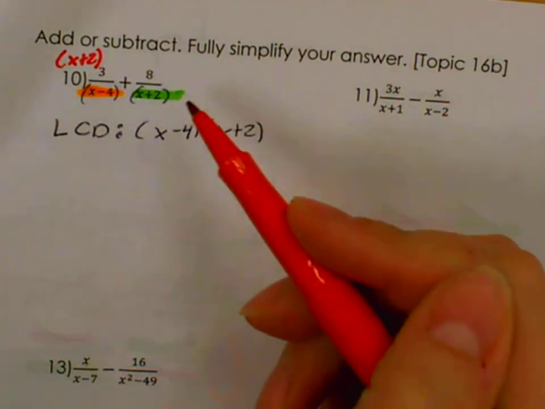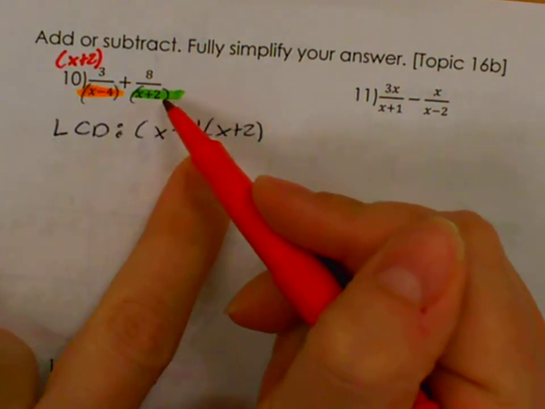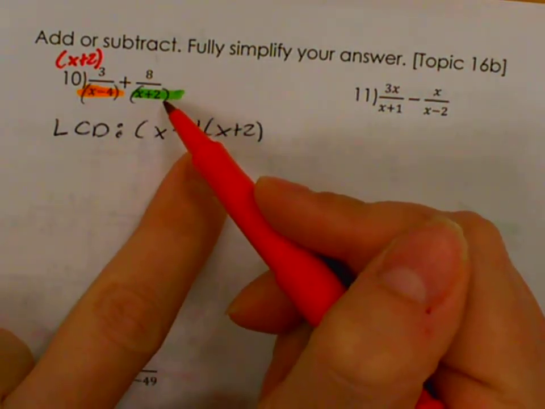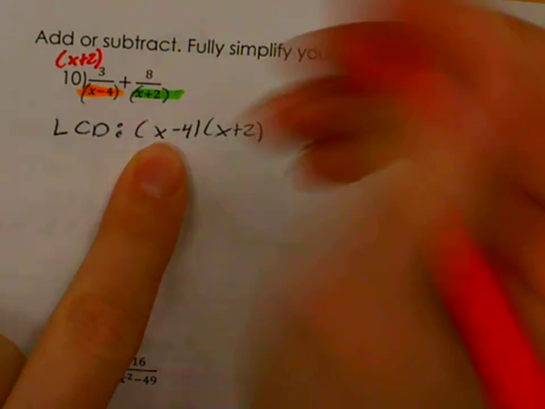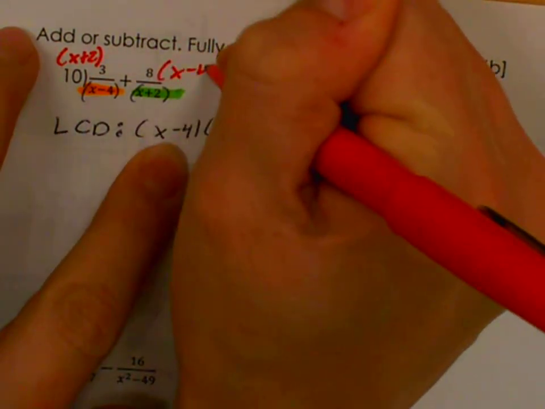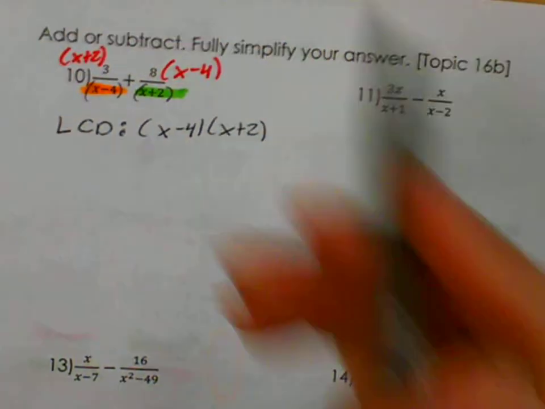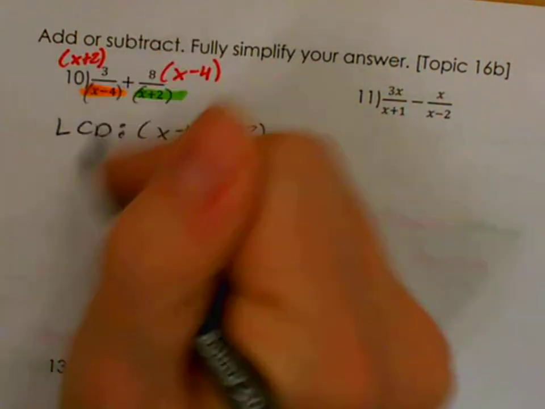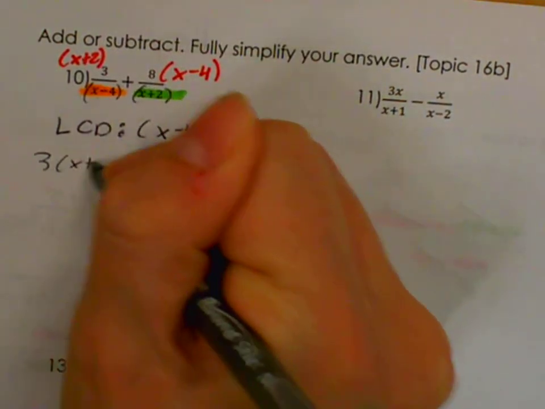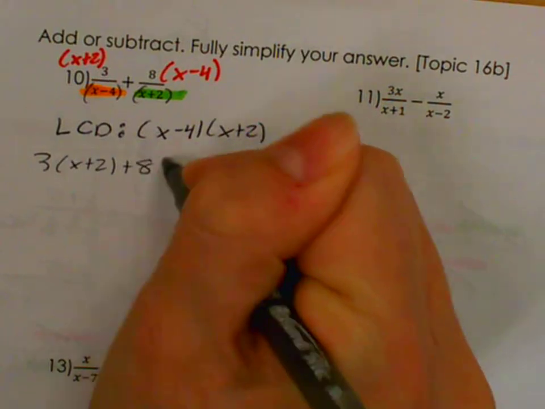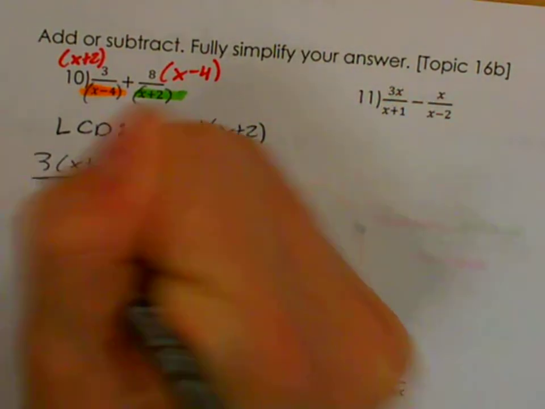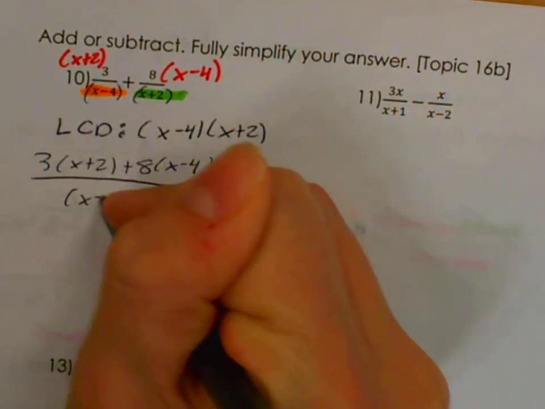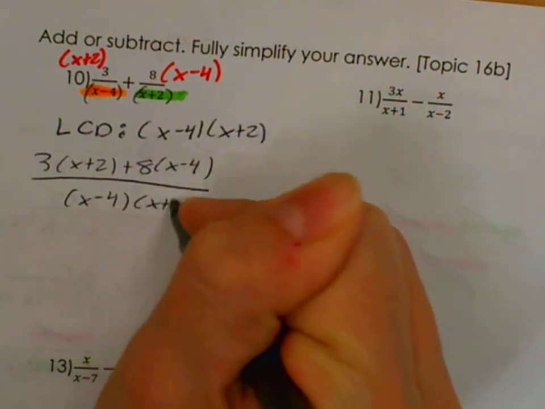Second fraction, I can see that I have the x plus 2 of the least common denominator, but I'm missing the x minus 4. So I multiply these two, so 3 times (x plus 2) plus 8 times (x minus 4) all over the least common denominator of (x minus 4)(x plus 2).